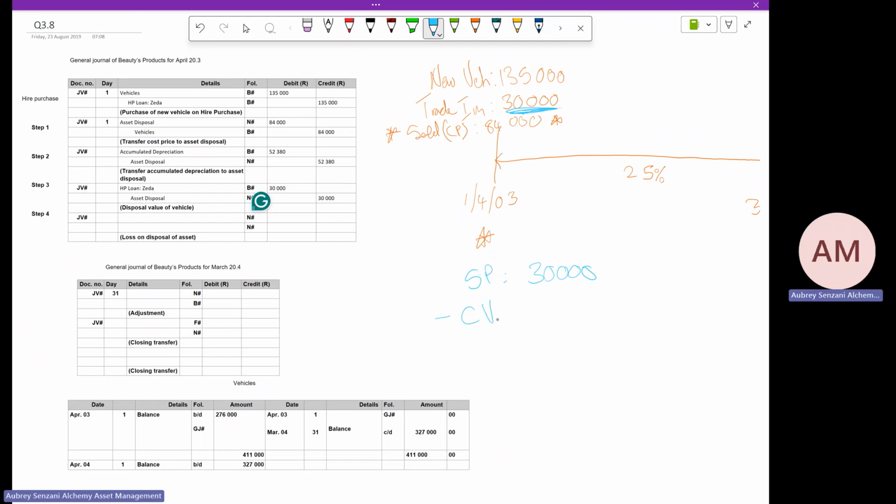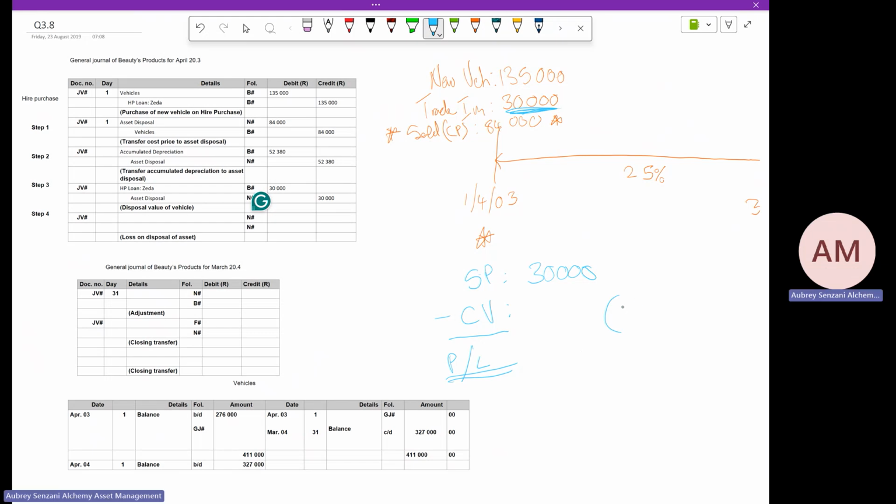What was the actual worth? When we say carrying value, we're saying what was the actual worth of this asset? It will then give you either a profit or a loss on the trade-in or the disposal, the sale of this asset. So how do we get the carrying value?